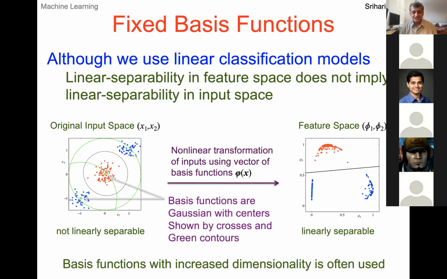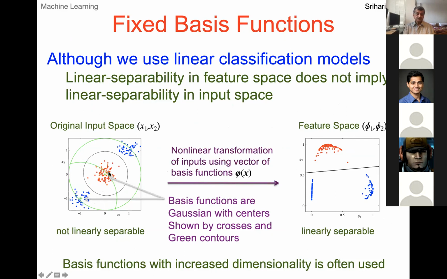So this slide is just saying that you can go from the original input space x1, x2 to a feature space phi1, phi2. The reason it's being thrown in here is this method of logistic regression. You can say, well, how good is it? It's to draw a straight line. It says, don't worry, we can take your original input space.